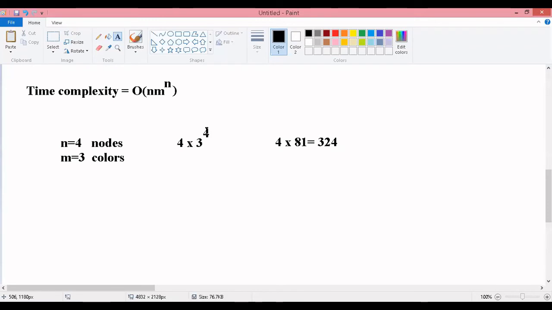So 3 to the power of 4 is 81, and 81 into 4 is 324. Now what I am trying to say is, this graph which we colored by taking 3 colors takes 324 comparisons, it seems. But how?